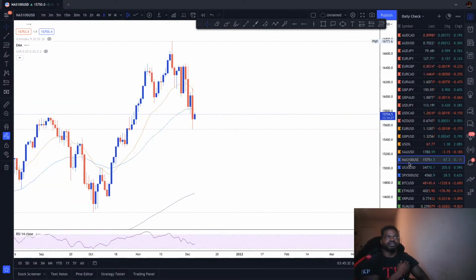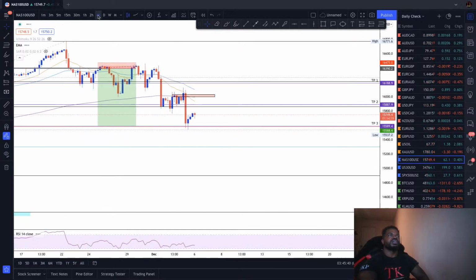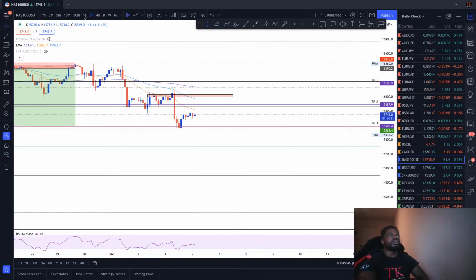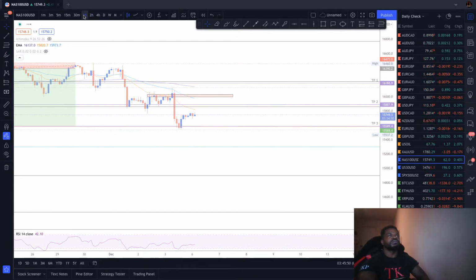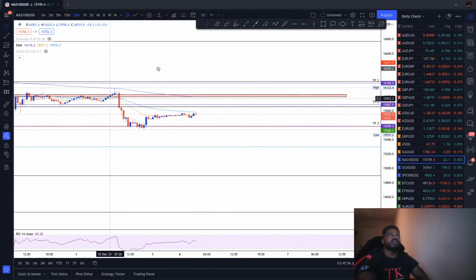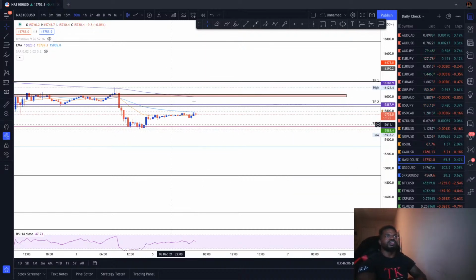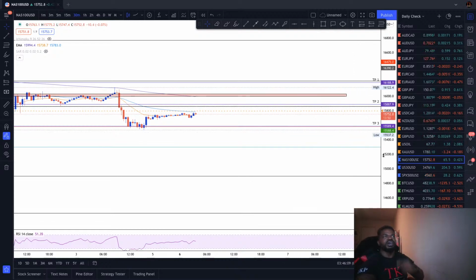We also looked at the indices. Yep. And we talked about a potential pullback to this area. So far, it looks like everything we saw earlier today was spot on. So if we see a break in this level, there's a chance we could break this high to retest the previous highs.